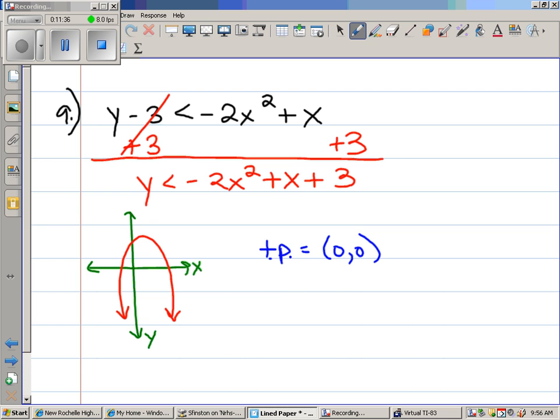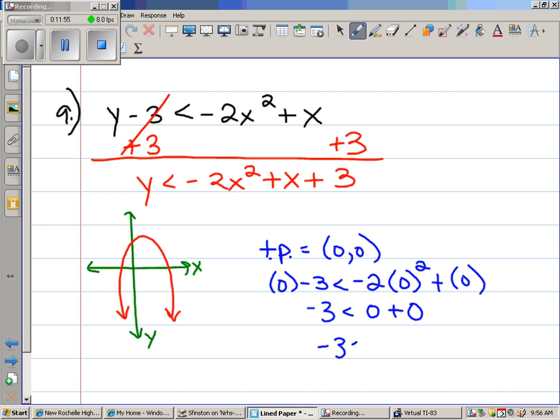So let's plug it back into the original: 0 minus 3 less than negative 2 times 0 squared plus 0. Negative 3 less than 0? Yeah, negative 3 is definitely less than 0. So you're shading that way. It's got to be included in the shaded area.